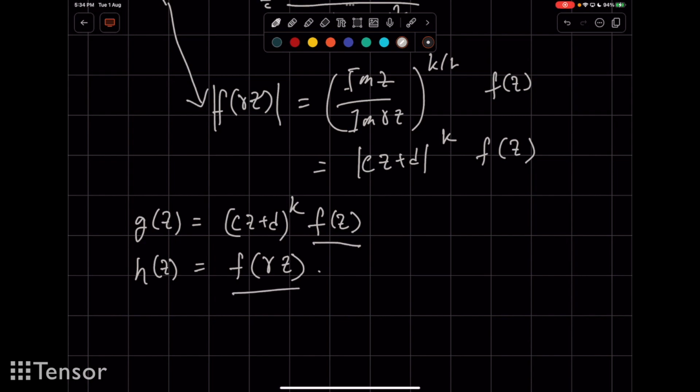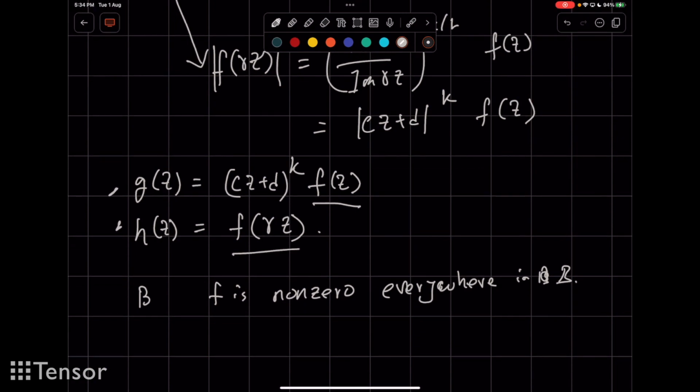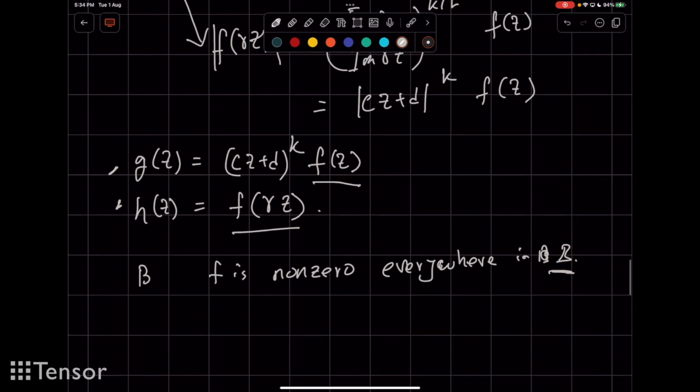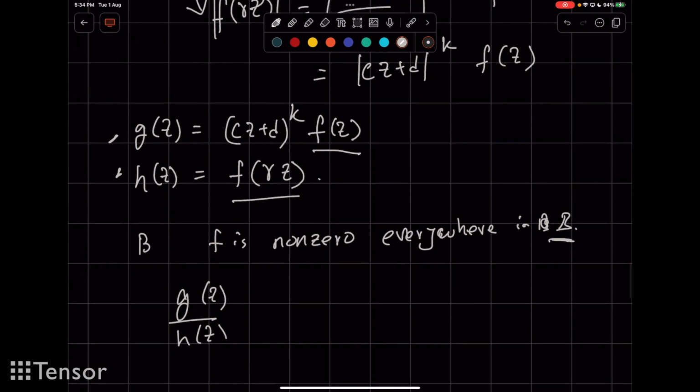That means there is an open ball B where f is non-zero everywhere in B. G and H are obviously holomorphic functions, and G and H are non-zero in B. So we can take the quotient G of Z by H of Z, and this is also holomorphic in B.